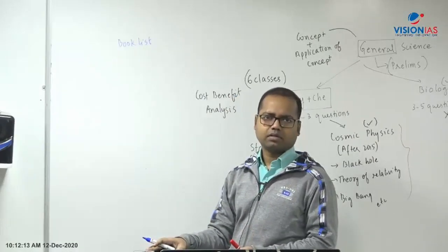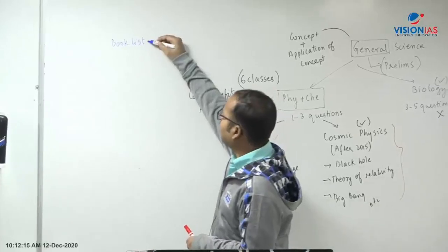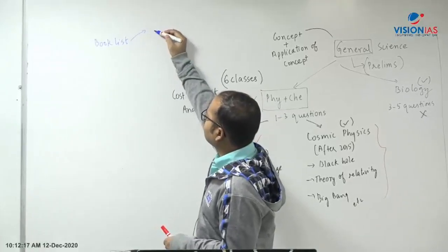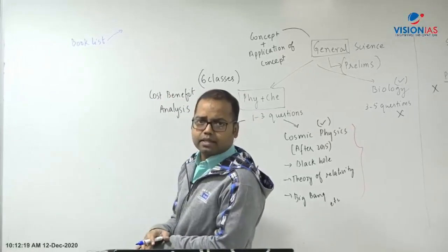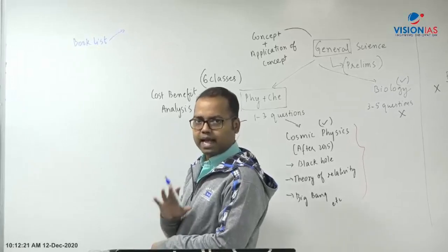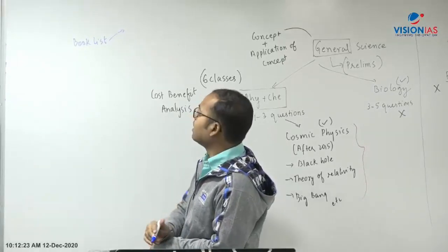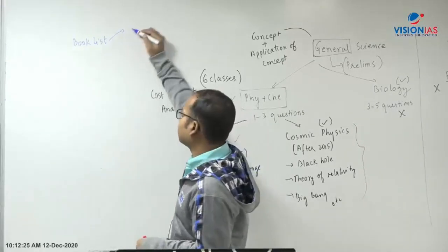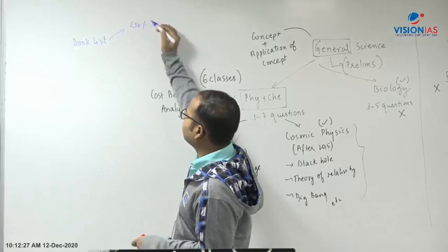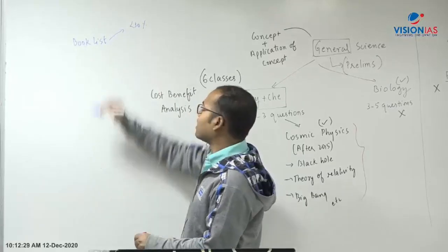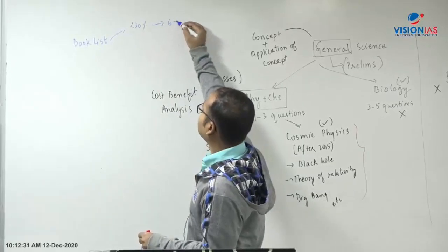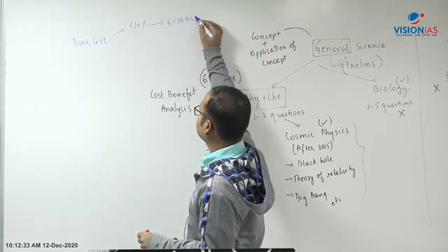Everybody has read science NCERTs of class 6 to 10, right? If your retention is less than 30%, meaning you have forgotten most of the things, I would recommend please read class 6 to 10 NCERTs of science.